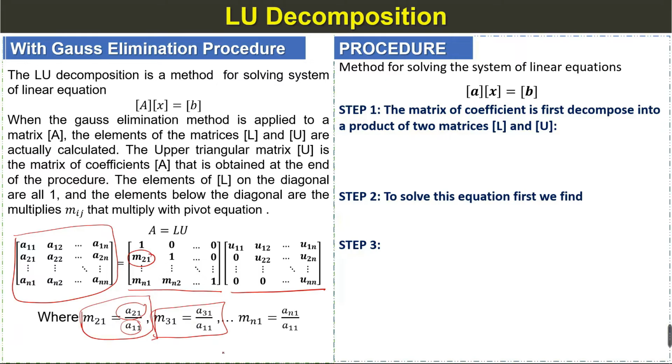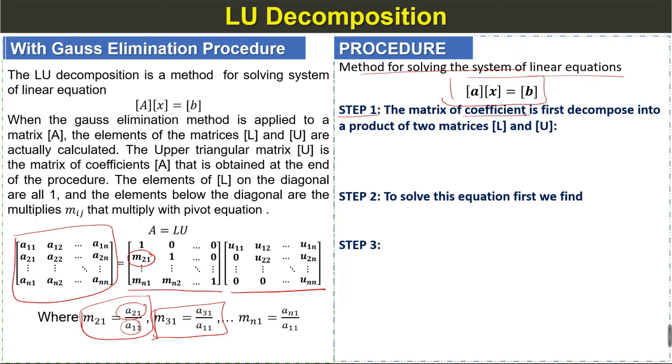First we discuss the procedure, how we apply the Gauss elimination procedure on the coefficient matrix, and then we get the lower triangular matrix and upper triangular matrix. For solving the system of linear equations, we write it in matrix form. And what is the first step?